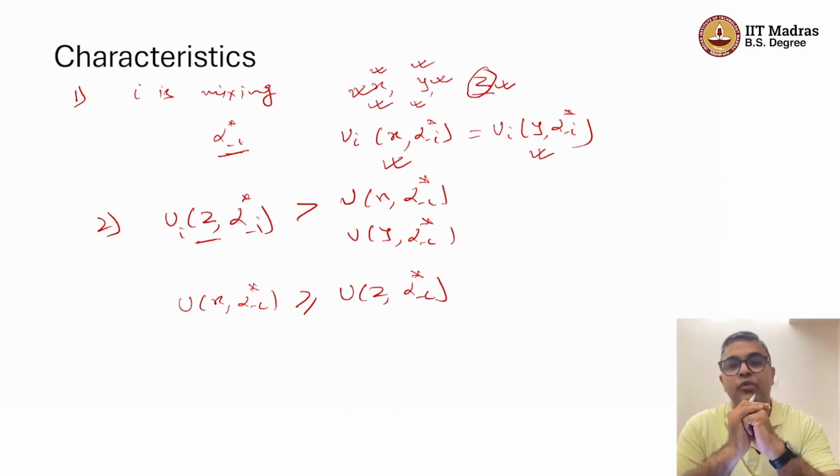You should be using the only one which is giving you the most. So if X and Y both are being used against alpha minus I star, they both should be giving you the same payoff, and Z, which is not being used, cannot give you more than X or Y against alpha minus I star. So that's what one has to keep in mind.